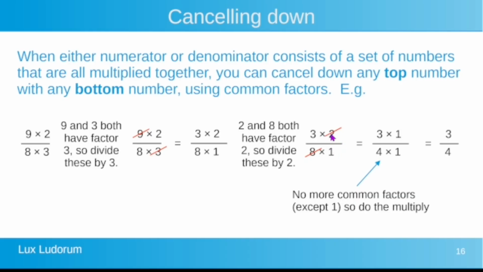So 2 divided by 2 is 1. 8 divided by 2 is 4. The other ones just get written down as they were. So 3 times 1 over 4 times 1. Now we can multiply because there are no more common factors apart from 1. We do the multiply and we end up with 3 over 4, 3/4, as before.